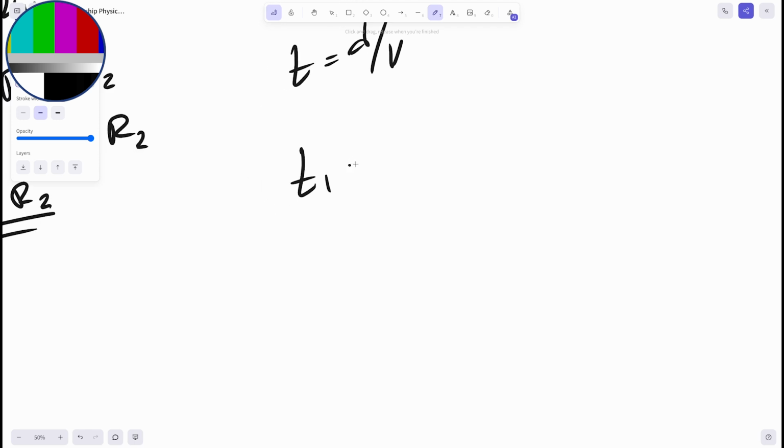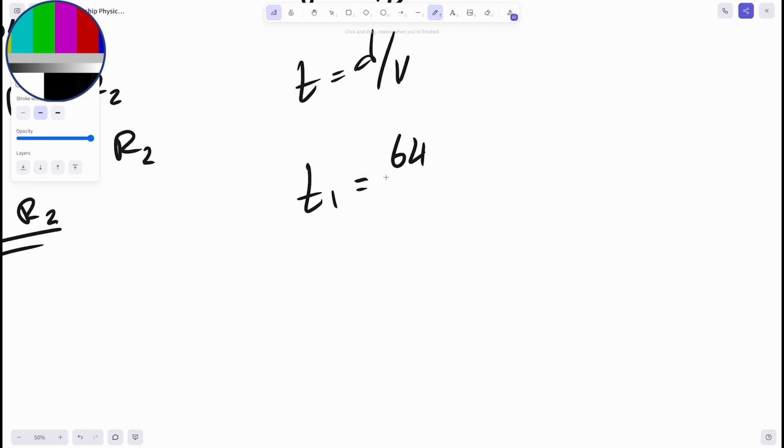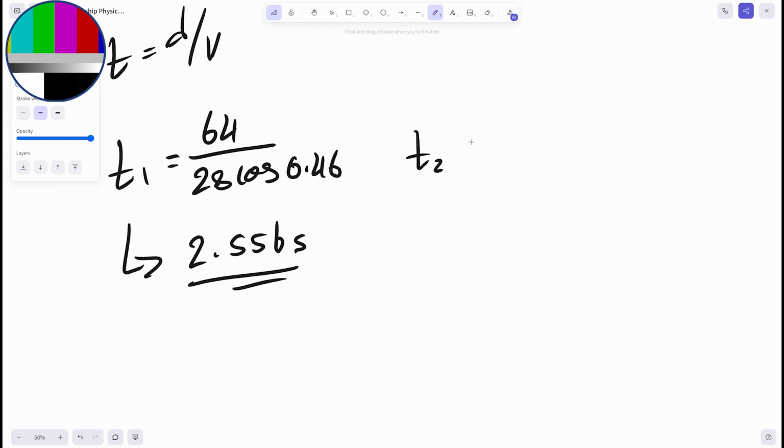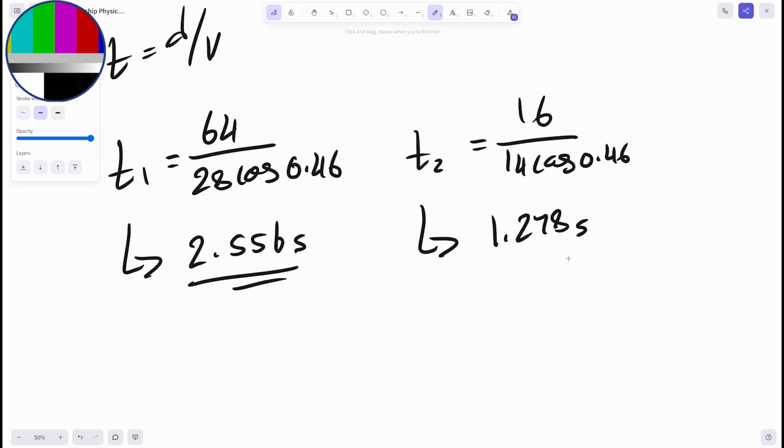So our T1 is equal to our 64 meters divided by 28 cos 0.46 radians. This gives us a total time of 2.556 seconds. Our T2 is equal to 16 divided by 14 cos 0.46, and this gives us a total time of 1.278 seconds.